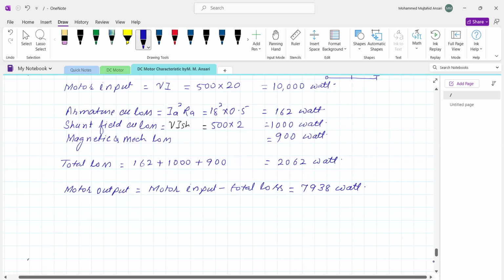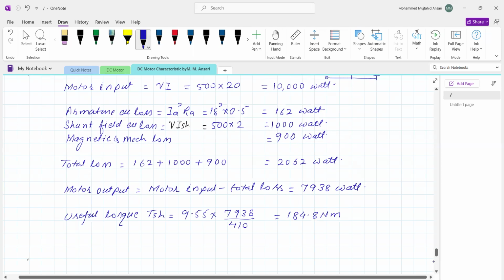So now the power output we know, so we can calculate the useful torque. Tsh is equal to 9.55 into 7,938 divided by the speed of the motor, 410, and therefore Tsh is equal to 184.8 Newton meter.